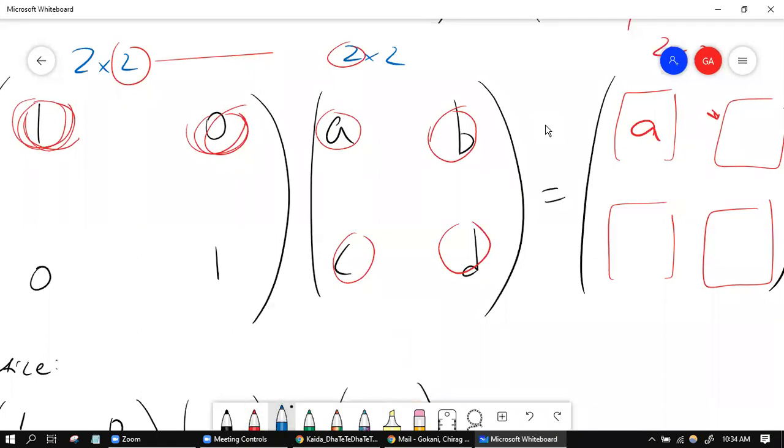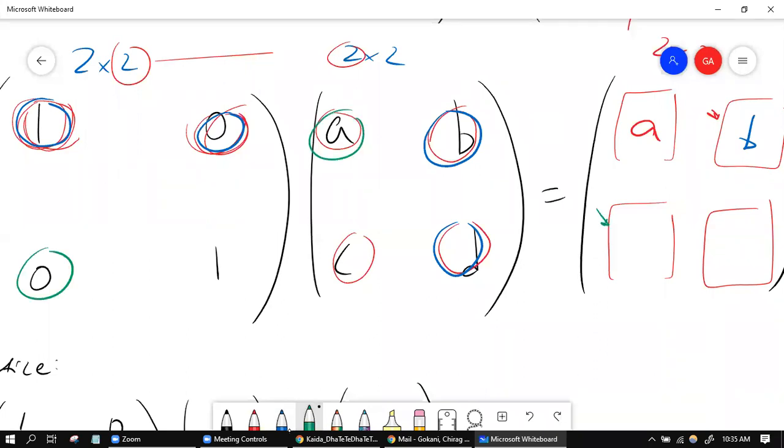So your second element is this times this plus this times this. So 1 times B is B, 0 times D is 0. So this is B. Your third element is this times this plus this times this.